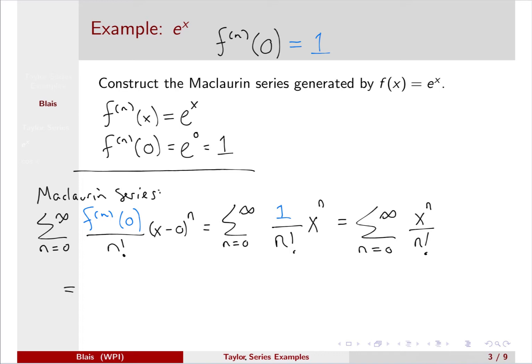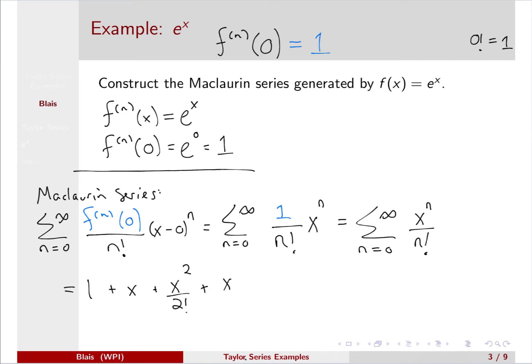If we write that out to see what it looks like, when n is 0, we get x to the 0 or 1 over 0 factorial, and remember, 0 factorial is defined to be 1. So we would get 1 over 1, or 1. When n is 1, we get x to the 1 over 1 factorial, or x. When n is 2, we get x squared over 2 factorial, which is 2.